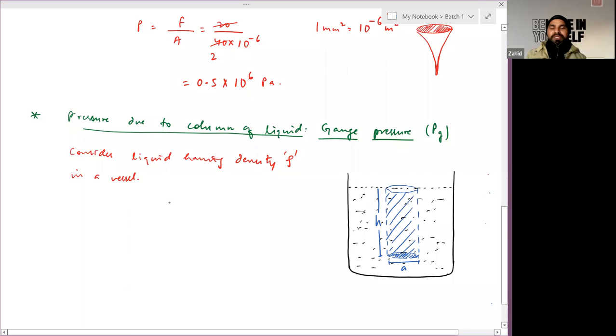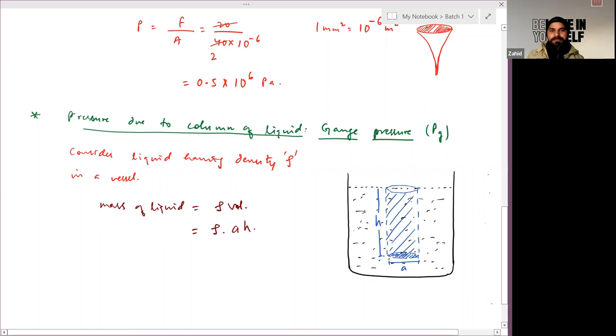For pressure, we need two different parts, force and area of cross section. So mass of liquid equals density into volume. Density is rho, volume is area of cross section into height.